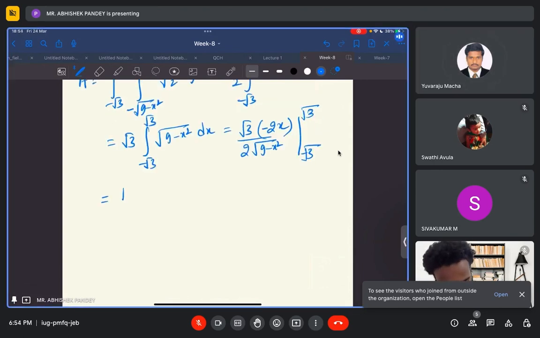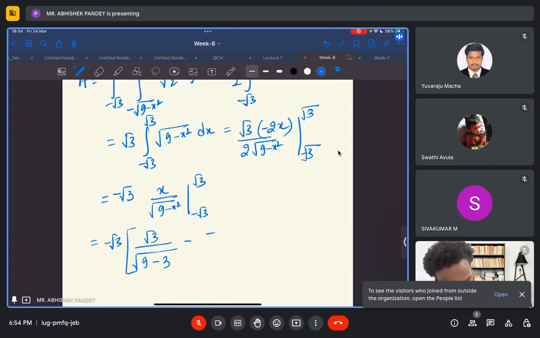Yes, sir. So this will be root 3 minus root 3, x by under root 9 minus x square, from minus root 3 to root 3. And this is nothing but root 3 upon root of 9 minus 3, minus root 3 upon 9 minus root 9 minus 3.